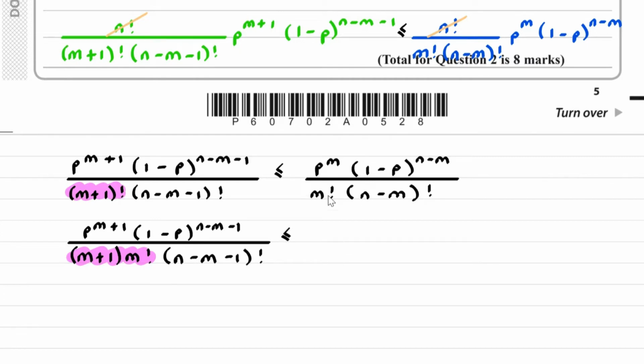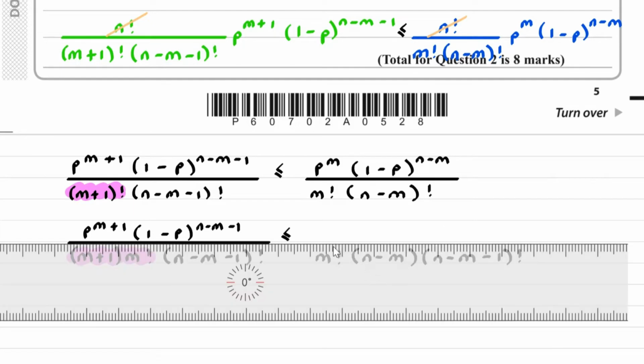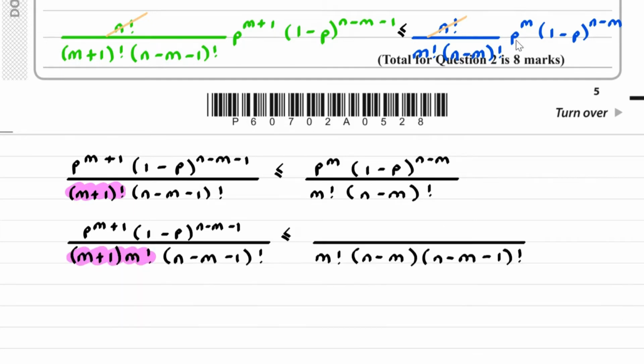And this is less than or equal to, now m factorial, we're going to leave that alone. And the n minus m factorial, I can rewrite that as n minus m times n minus m minus 1 factorial. So this bit is the same as this bit over here. And on the top, we've got p to the m times 1 minus p to the n minus m.